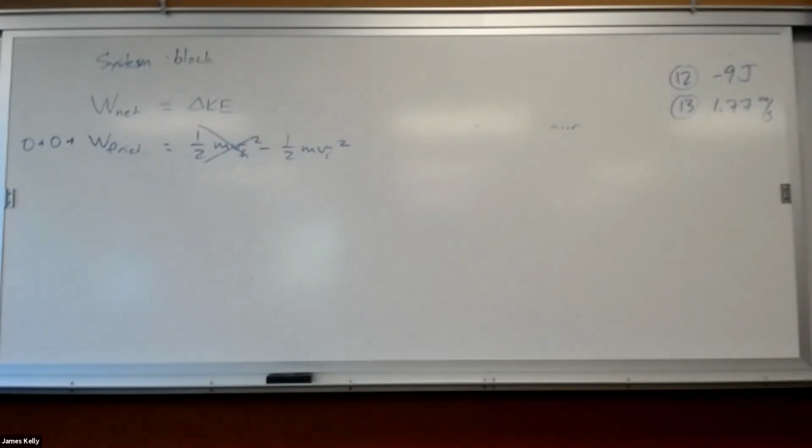The claim is the same amount of work is done by the friction force. In one case, I had a big friction force multiplied by a small distance. In the other case, I had a smaller friction force when mu k is smaller, but it's going to go a bigger distance, and the two multiply out to give the same number. So it didn't depend on mu k.